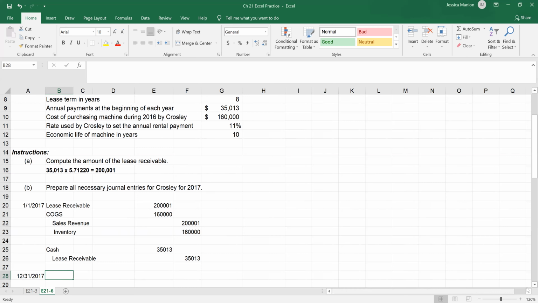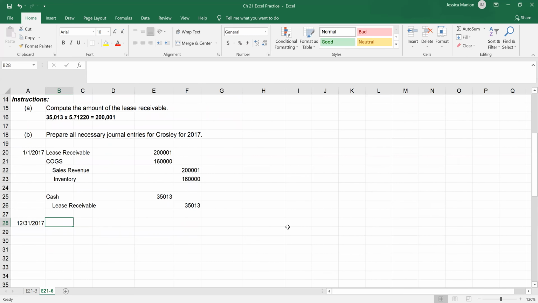And so the carrying value at this point is what? It was 200,001, and now we're going to say minus 35,013, which equals 164,988. So we're going to base our interest on that carrying value at this point.